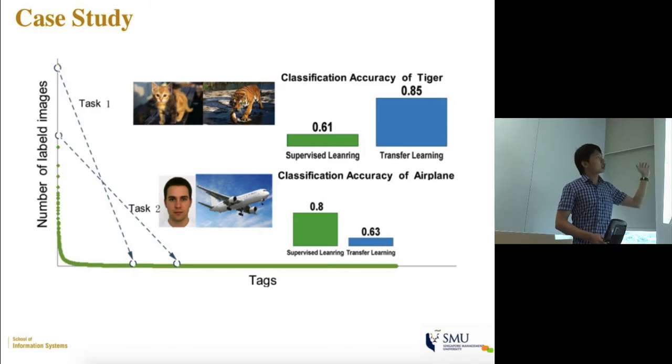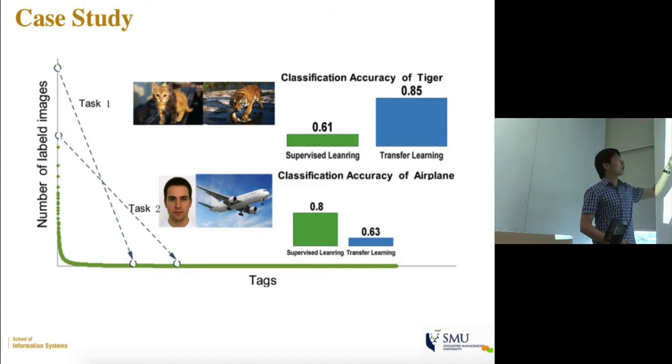You can see that using transfer learning, it can actually boost the performance of the target task as compared to a standard supervised learning algorithm. However, in the second transfer learning task, the source domain is photos of human faces, and the target data is photos of airplanes. You can see the source domain and the target domain actually have very little in common. So the performance of transfer learning is actually worse compared to the supervised learning algorithm.